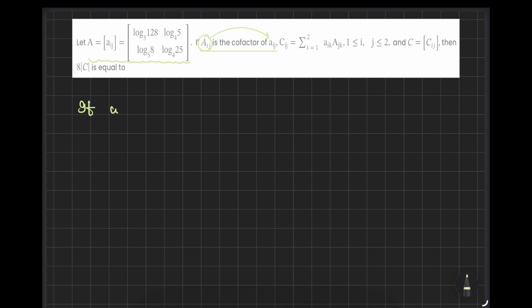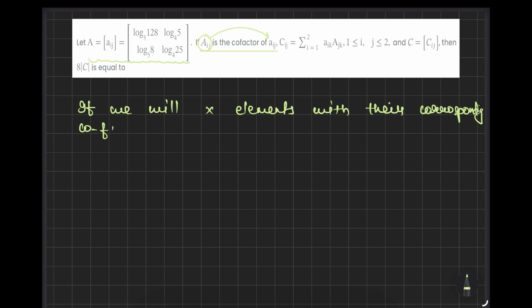If we multiply elements with their corresponding cofactors, we will get the determinant.